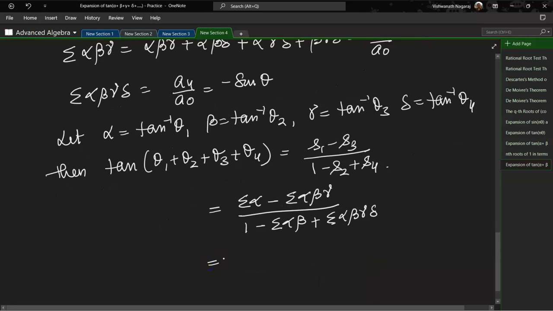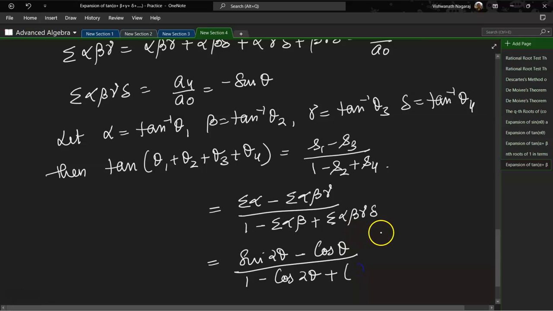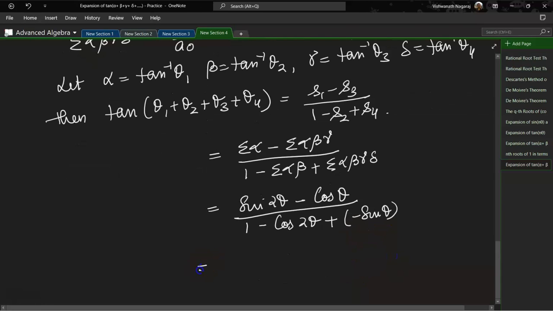Now summation of alpha is sine 2 theta, alpha beta gamma summation is cos theta, divided by 1 minus summation of alpha beta, which is cos 2 theta, plus alpha beta gamma delta, which is minus sine theta. Okay, this would be equal to, now let's simplify this.